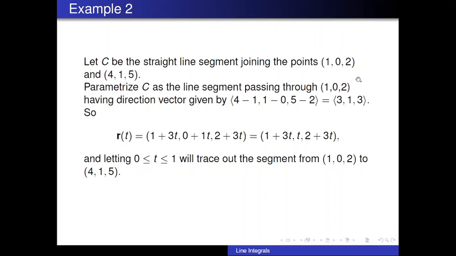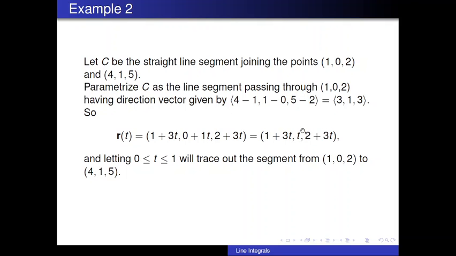So recall that the parametric equation of the line that passes through the point (1, 0, 2) and goes in the direction of this displacement vector is given by 1 plus 3t in the first component. We'll have this point plus this vector times t. 0 plus 1t in the second component. And 2 plus 3t in the last component.